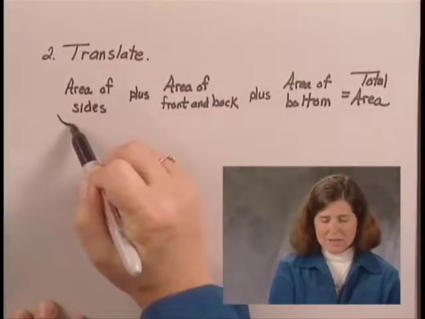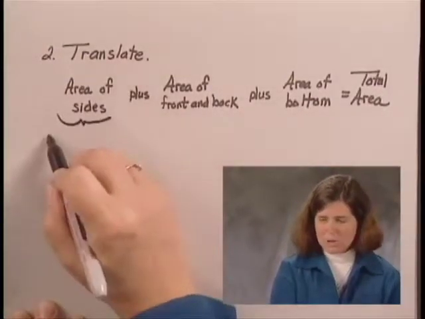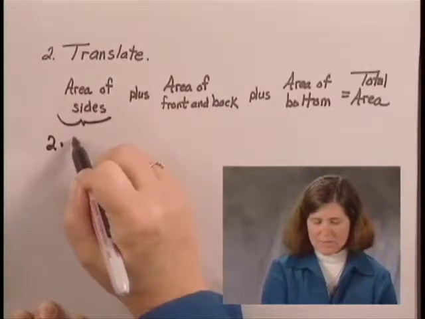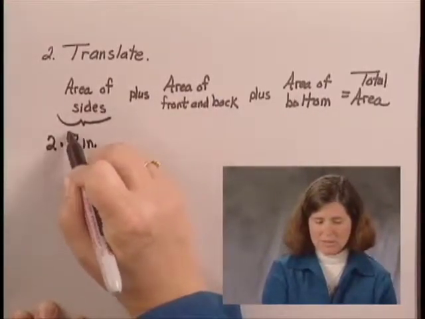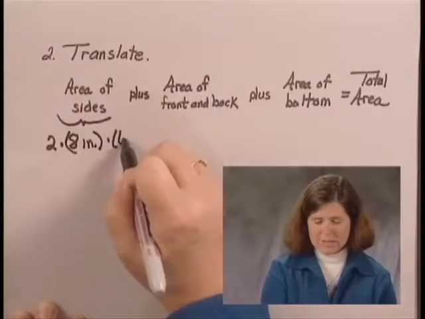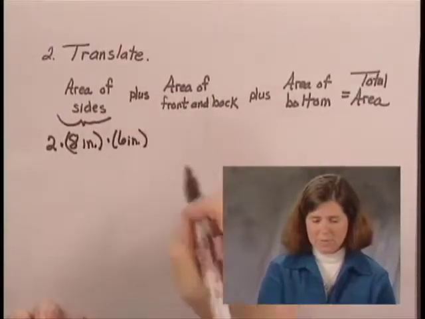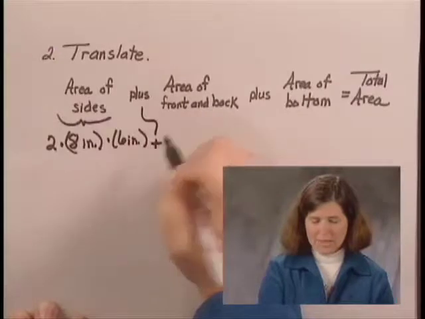The area of the sides, we said, was 2 times 8 inches times 6 inches. This translates to plus.